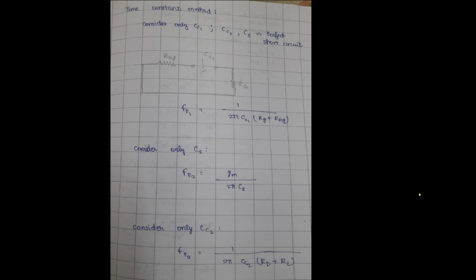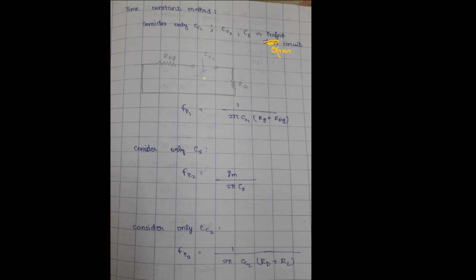So like I said, we have a much easier method to find FP1, FP2 and FP3, which is called the time constant method. Here we ignore the other capacitances, take them as open circuits, and just calculate the equivalent resistance across this particular capacitance.